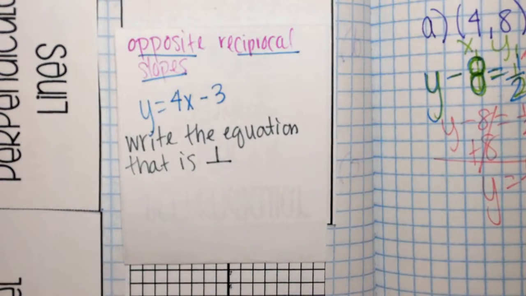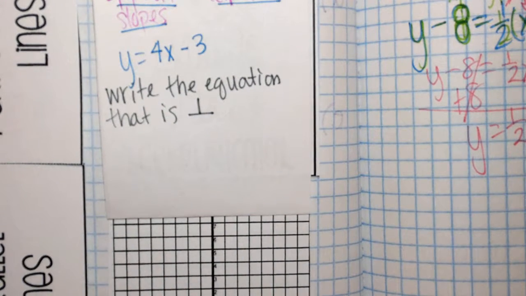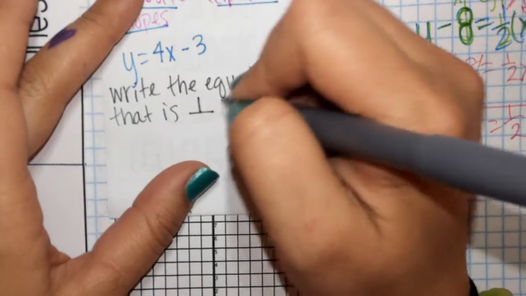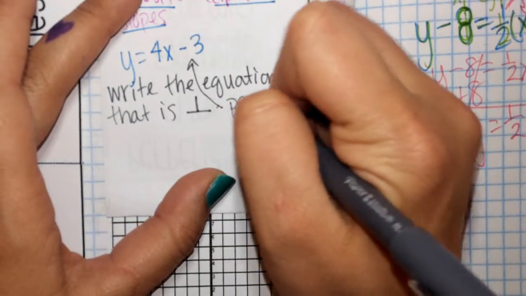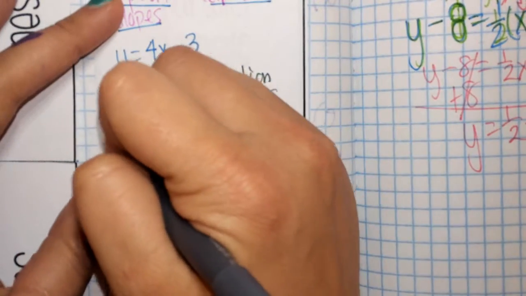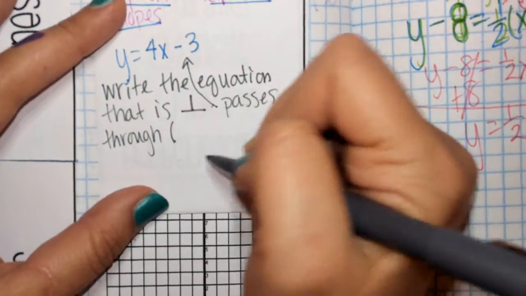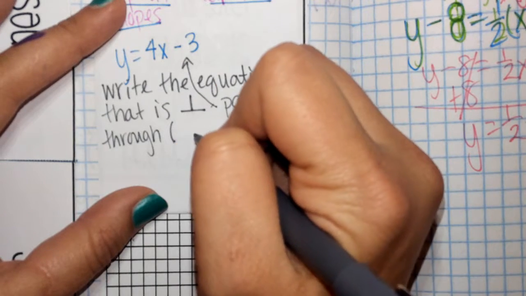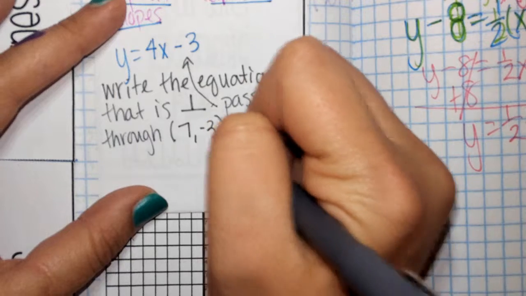That's the symbol for perpendicular, an upside down T, because that intersects at what kind of angle? A 90-degree angle. Take a point. Yes, that is perpendicular to this and passes through 7, -3.